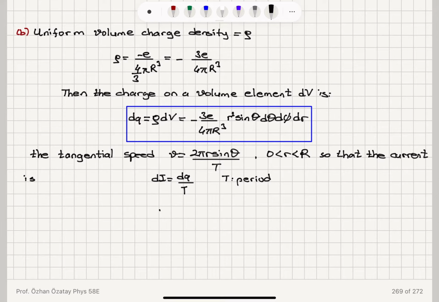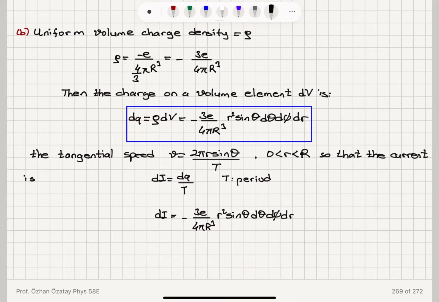So with that, my dI will become minus 3e over 4 pi capital R cubed, so I have r squared sine theta d theta d phi dr, and for the period I substitute 2 pi r sine theta over v.